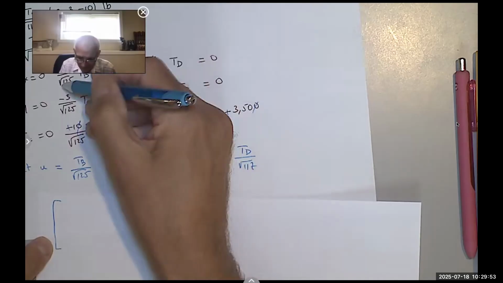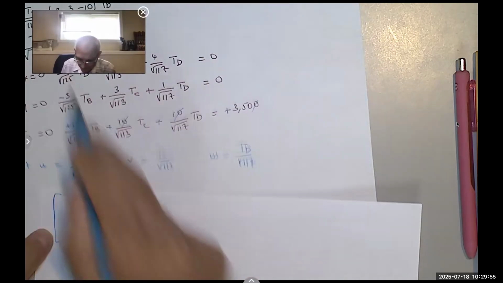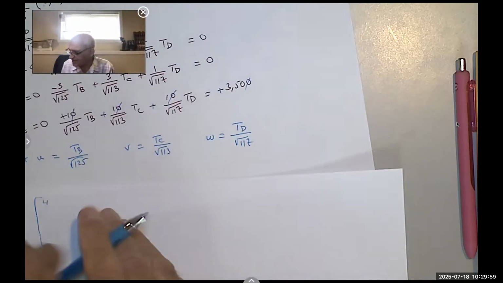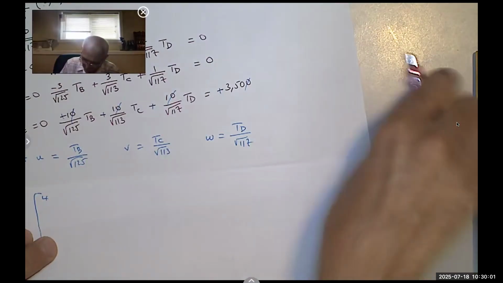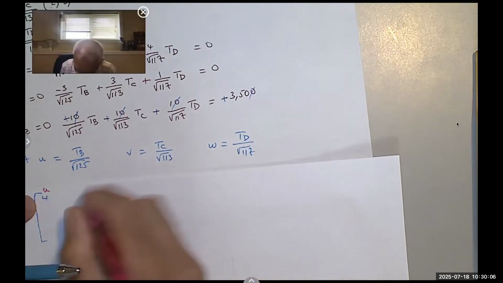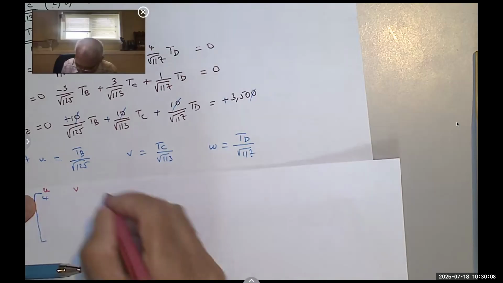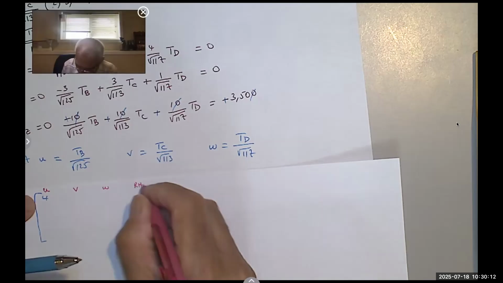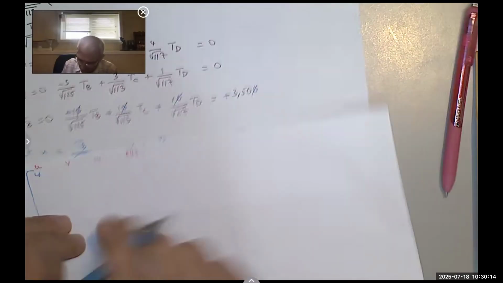Now, TB over that is U, so this would be 4U. Notice we usually don't write anything on the top, but I'm just showing you that this column would belong to U, that column would belong to V, that column would belong to W, and that column would belong to the right-hand side. As I said, you don't do that.